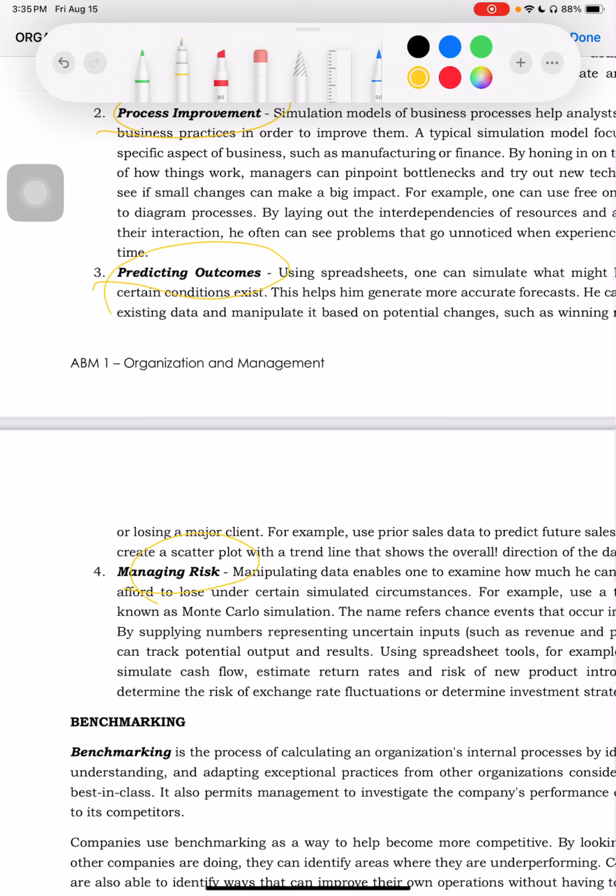That is why in functional management, the second function is organizing, after planning. Next is staffing, directing or leading, and controlling.